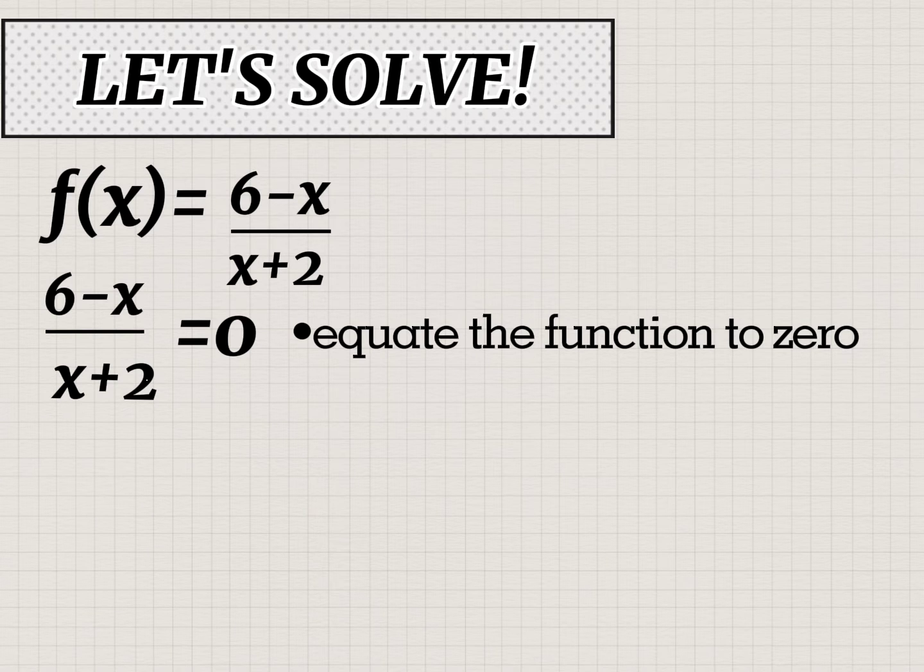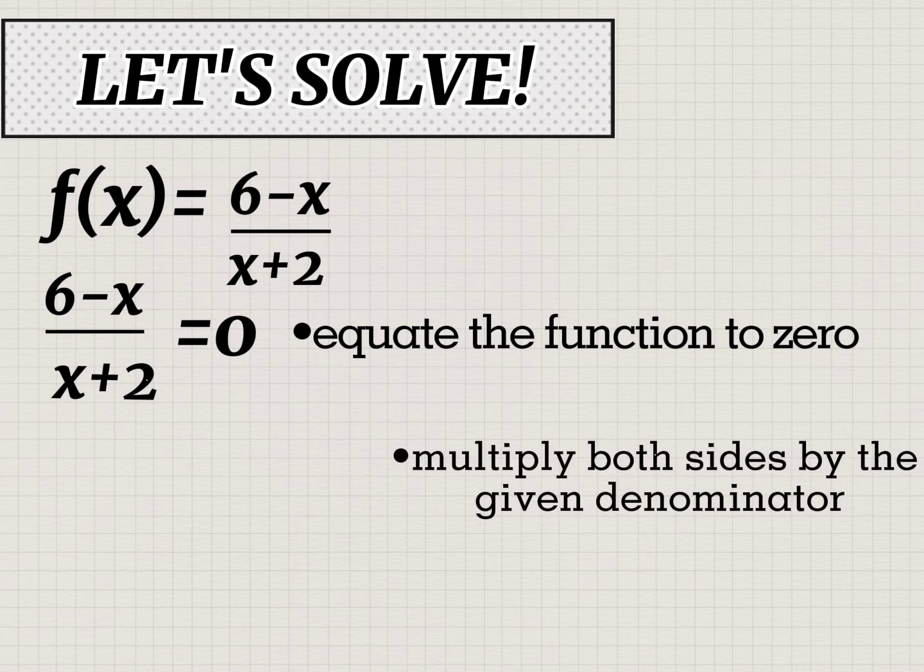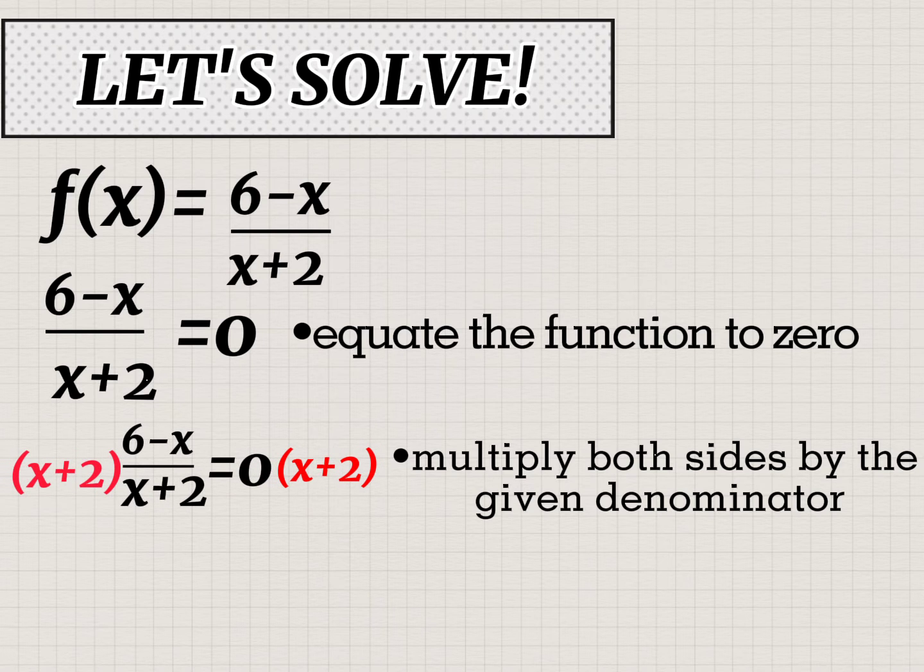And then, multiply both sides by the given denominator. It will be like this. The quantity (x plus 2) times (6 minus x) over (x plus 2) equals 0 times the quantity (x plus 2). And that will give you an answer of 6 minus x equals 0.